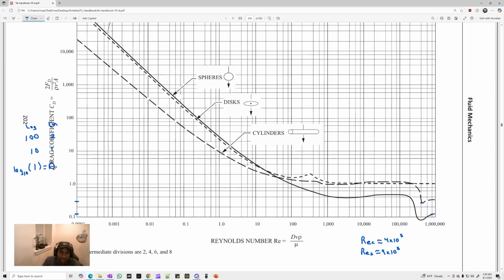And for me, it's much easier to read these lines in terms of their linear interpretation. So if we go to 1 on the log scale, which is this value right here, that means 0 on the linear scale. If we go to 10 on the log scale, that means 1 on the linear scale. If I go down to this blue line, I'm at approximately negative 0.5 on the linear scale, right?